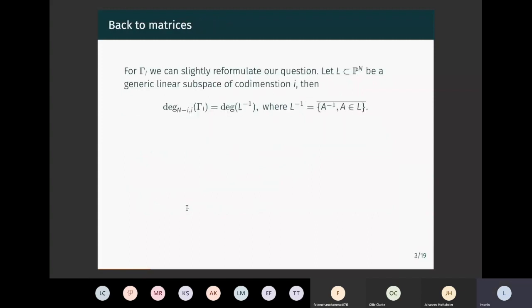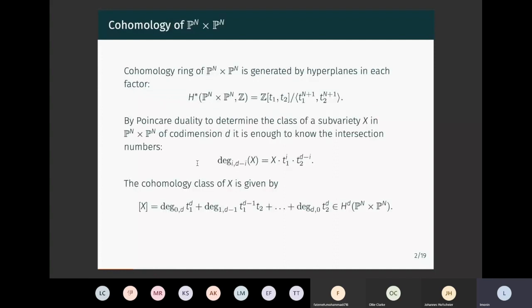So let me now come back to the original question. We have this graph, which is a subvariety of P^N times P^N. As we noticed before, what we're interested in is the bi-degrees of this graph. Let me slightly reformulate this question.